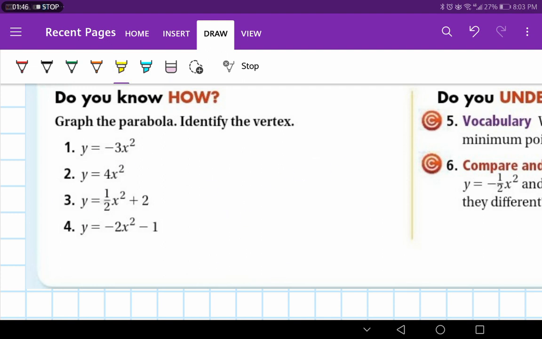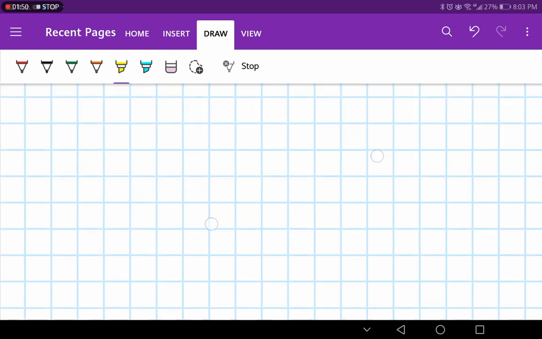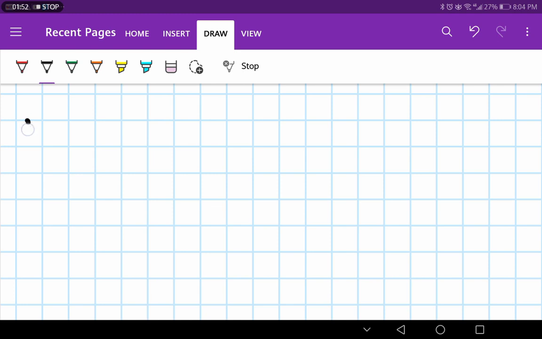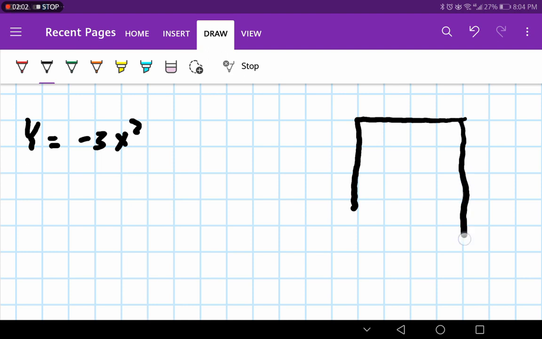Easy. First of all I will take this, which is y equals, this is my quadratic. I will graph it. The first step, I draw my table. I will cut it into only 2 parts.